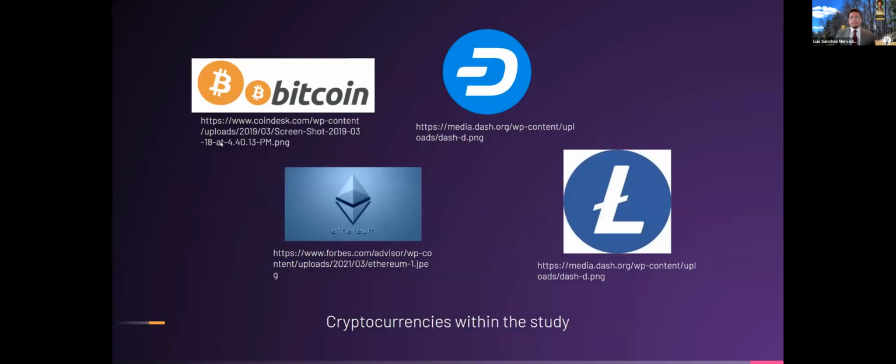Estimating the model. So I looked into four different subjects, and so four different cryptocurrency networks: Bitcoin, Ethereum, Dash, and Litecoin. Each one's different in its own manner, and each one is composed of different characteristics.